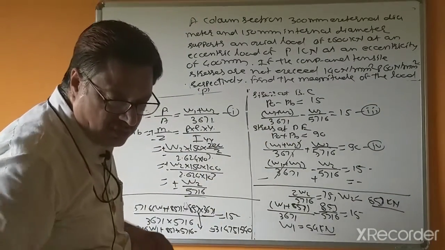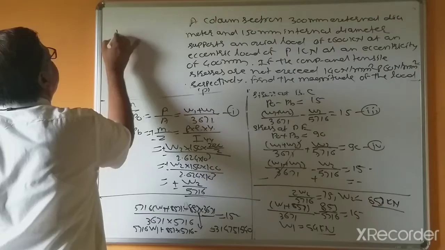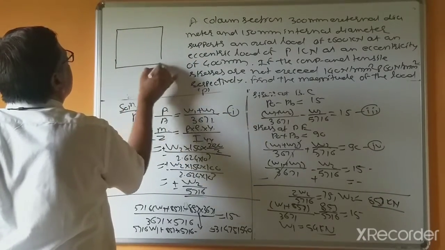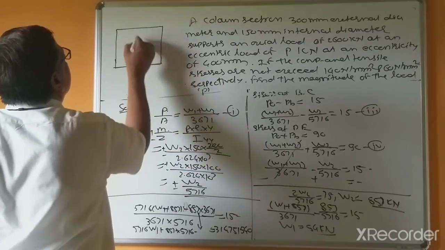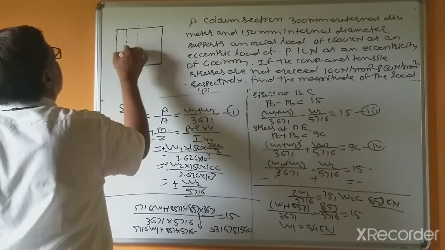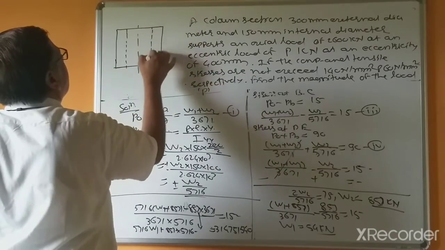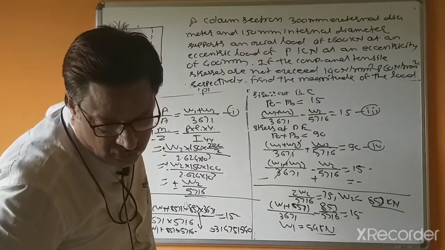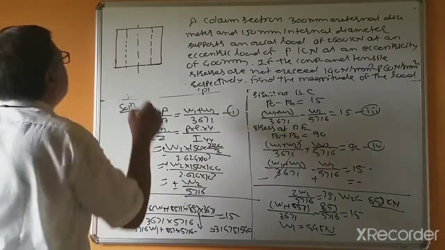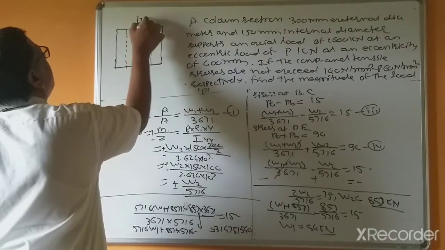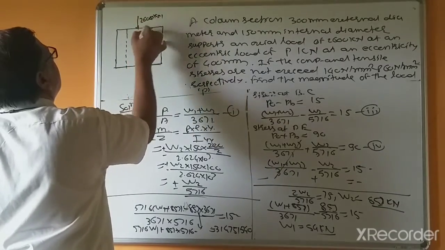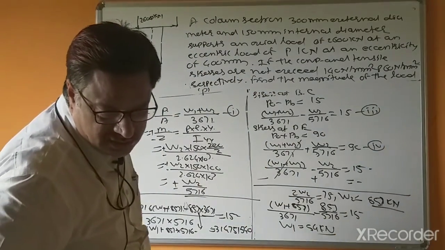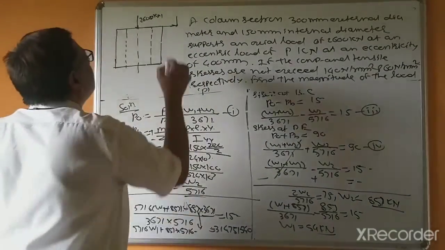In this column, again two loads: 2600 kilonewton and another load, this is P kilonewton.